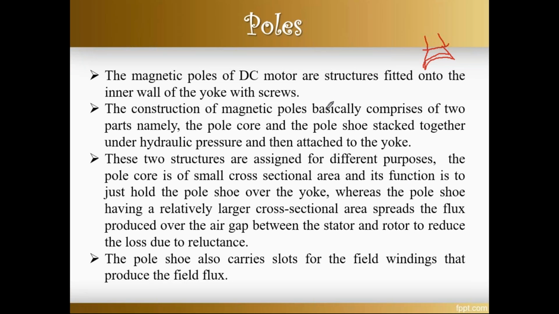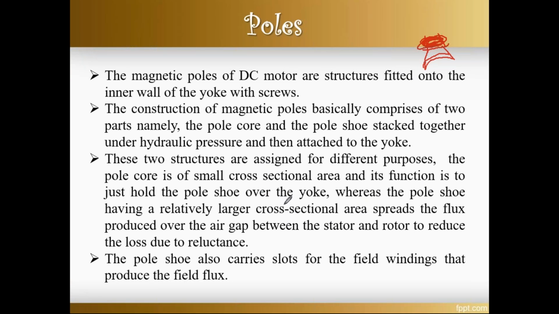The pole core we use for placing the field winding, and the pole shoe we use for spreading the flux over a wide area. Whereas the pole core has a small cross sectional area and its function is just to hold the pole shoe over the yoke.